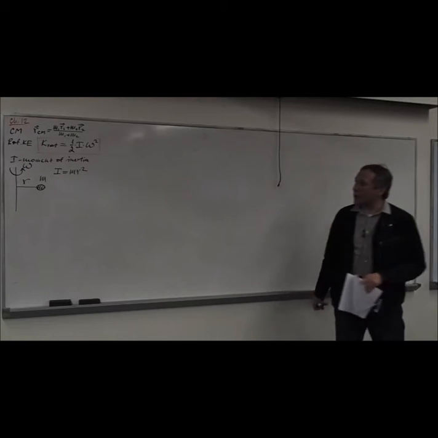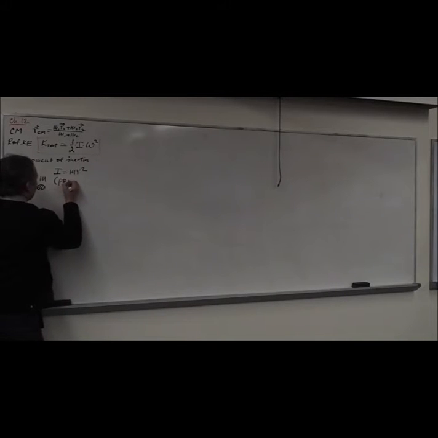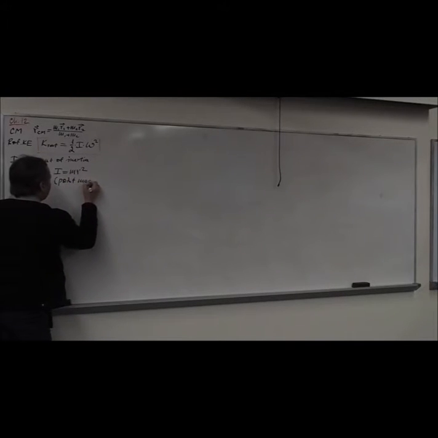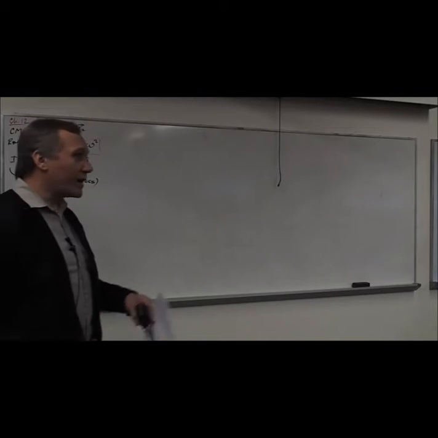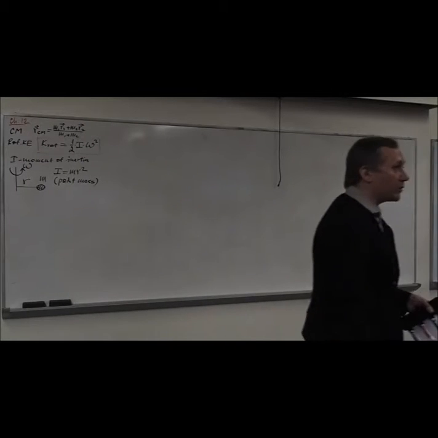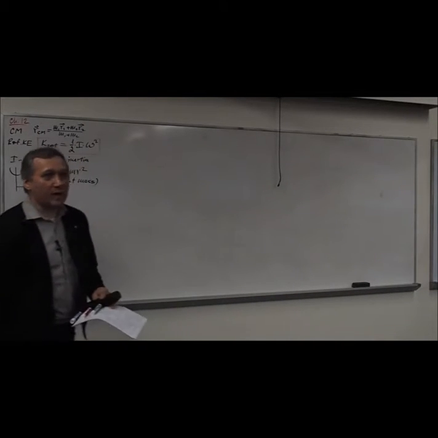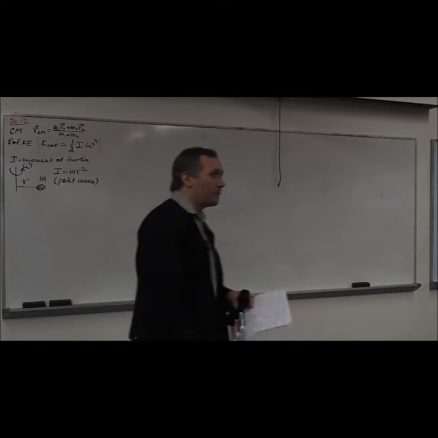That's moment of inertia for a point mass. It's a rotational equivalent of mass. So mass was enough to describe translational motion, but in order to describe rotational motion, information about the mass is not enough. You also need to know how that mass is distributed relative to the axis of rotation.